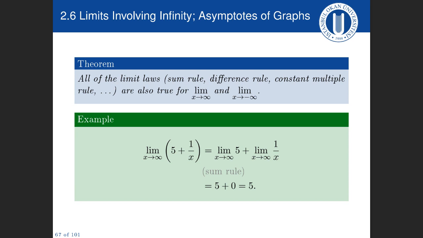Yeah, the sum rule, the difference rule, the constant multiple rule, product rule, quotient rule, they're also true for the limit as x tends to infinity. So everything that we were doing for x tends to c, you can also do for x tends to infinity.